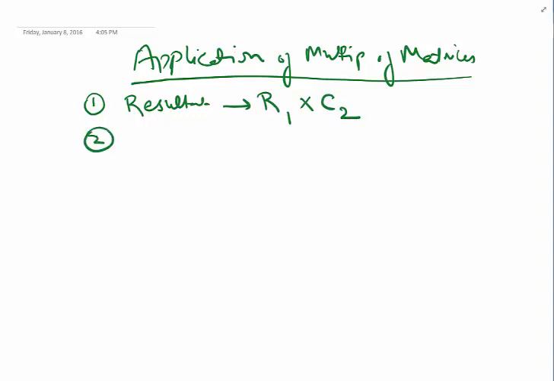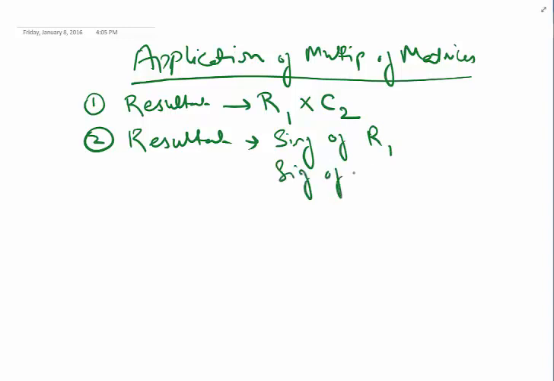The second key point, which is new and related to the application topic, is that the resultant matrix not only inherits the number of rows of the first and the number of columns of the second, but it also inherits the significance of the rows of the first matrix and the significance of the columns of the second matrix.